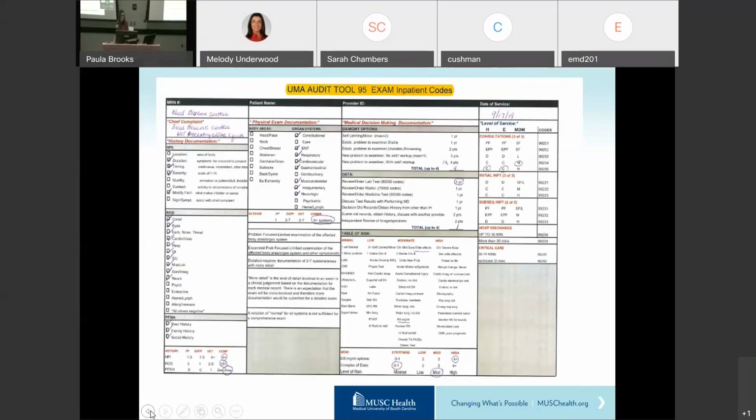So in looking at this, we had our 4 elements of HPI. We had all of our review of systems. We had our past, family and social history. We had our 8 organ system exam. This is a consult.